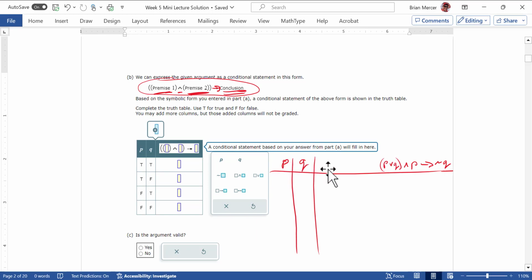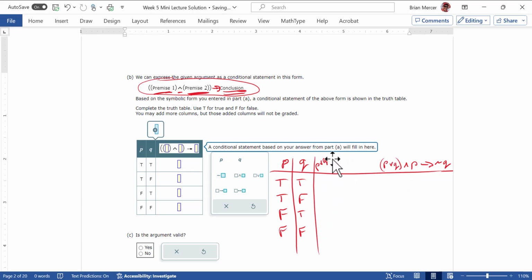So we've got P, we've got Q. We can look at P or Q, and I'll write that kind of sideways, P or Q. And so we know T, T, F, F, T, F, T, F to get all of our combinations.